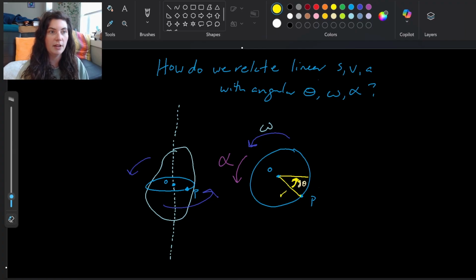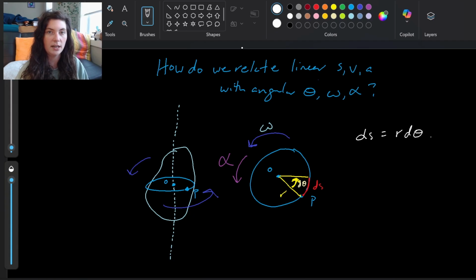Right, so we have our displacement along the arc length here. Let me do it in this red. This, we have ds, the displacement along that arc length. We can represent that with ds equals r times d theta.